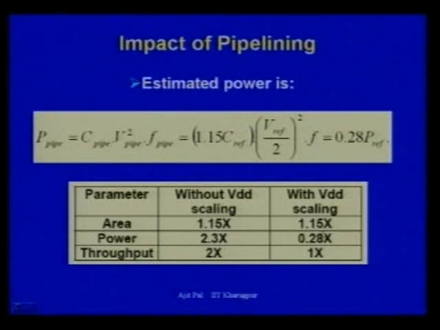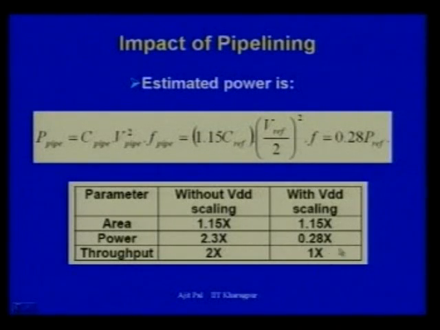So pipelining can also be used for improving performance in this way. If we don't do supply voltage scaling, you can increase your performance 2 times, which was done earlier. Pipelining was used earlier to improve performance at the cost of higher power dissipation, but now we are doing pipelining for low power.